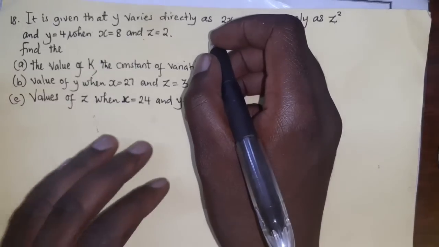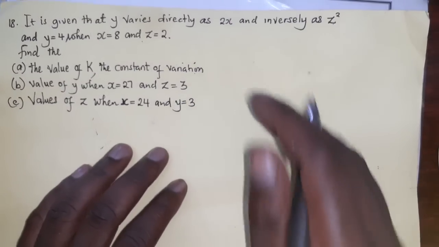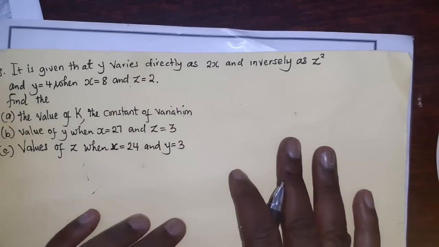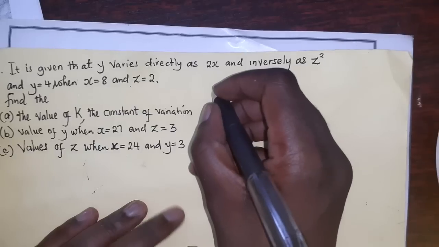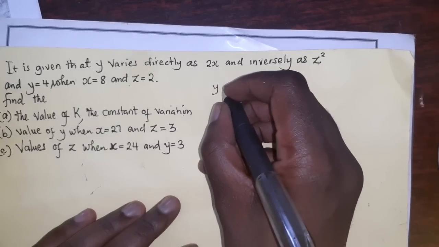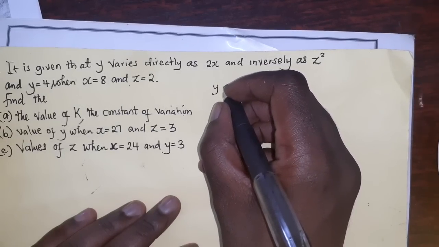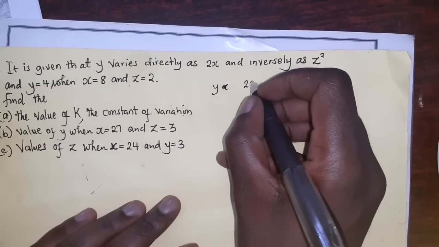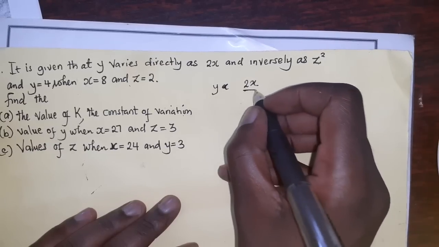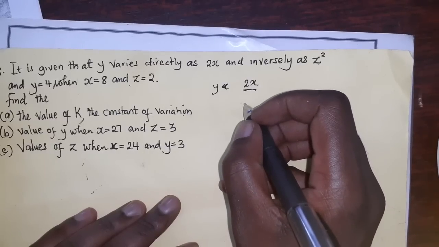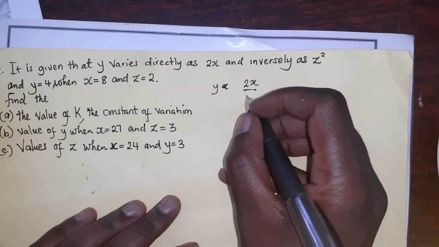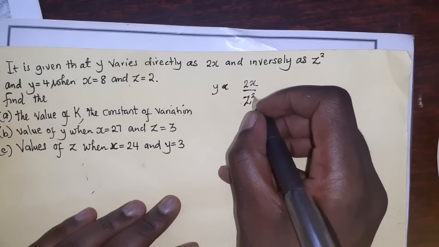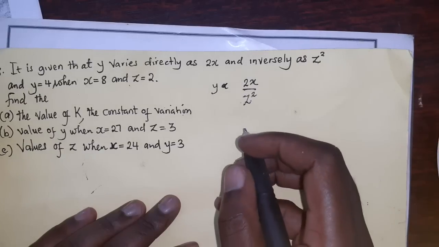So in this case, y varies directly as 2x and inversely as z squared.